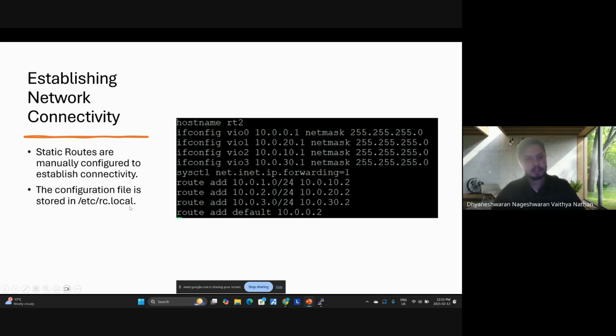The reason it is configured in rc.local is that it traditionally executes after startup programs. So whenever you boot a machine, the script inside rc.local runs, and then the machine gets assigned the IP addresses and the various routes.